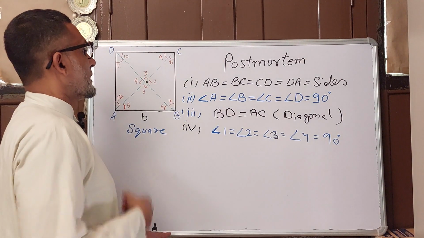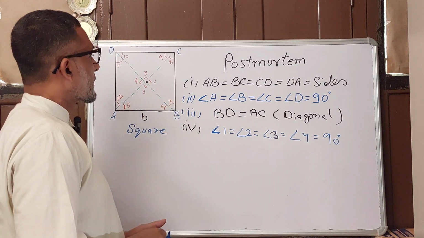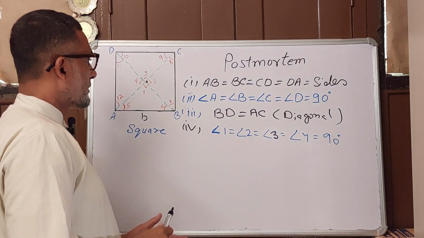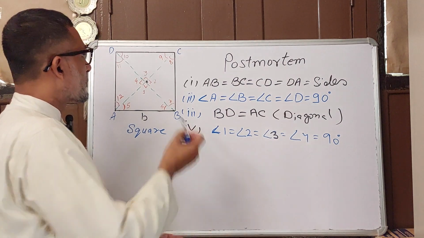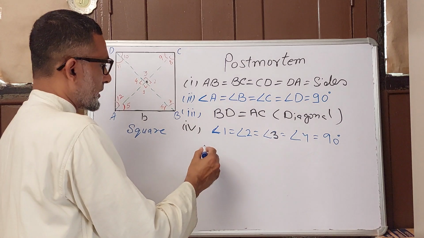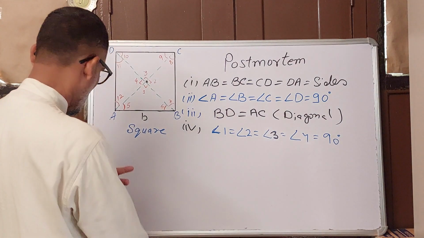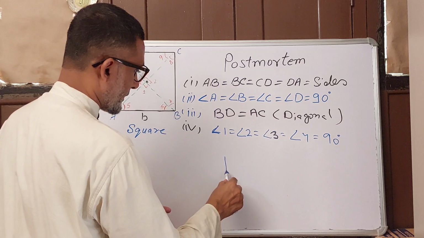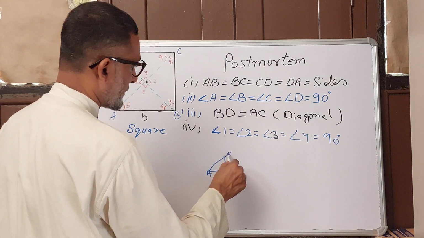Then what will be the relation of this? As we know, in a right angle triangle, just we assume here like this, so we make it equal in length like this and this. Here A, B and C.